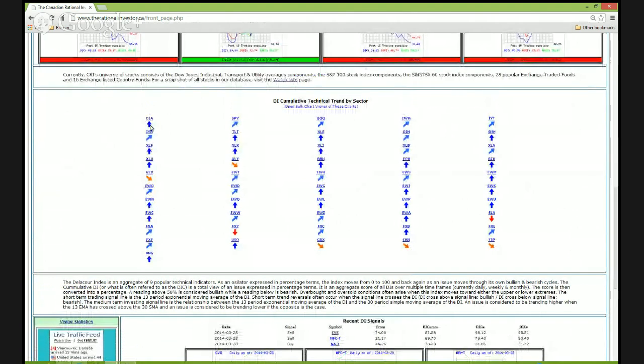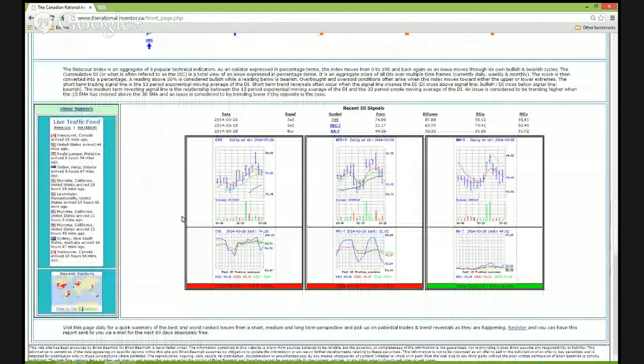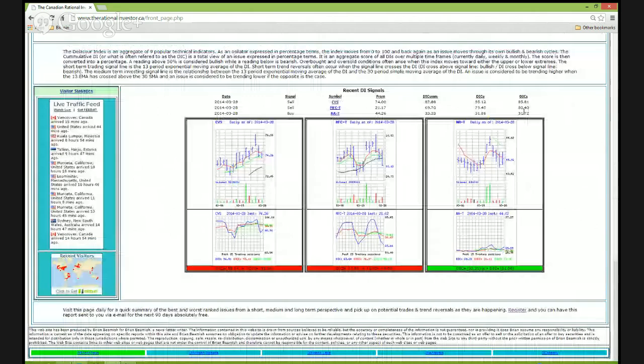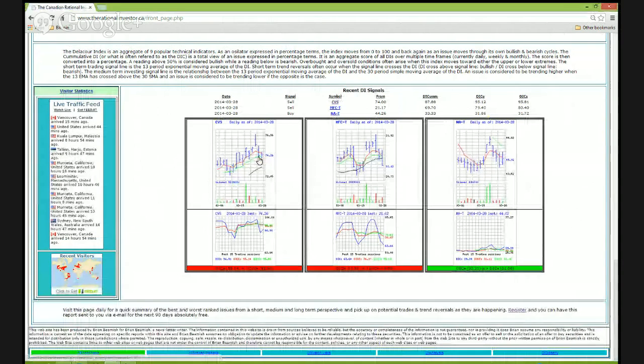Obviously, big green ups or big blue ups are bullish, and big red downs are bearish. So this is a nice little footprint to start your day off with on any given daily basis.